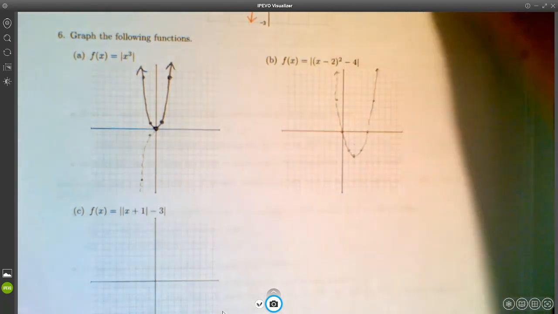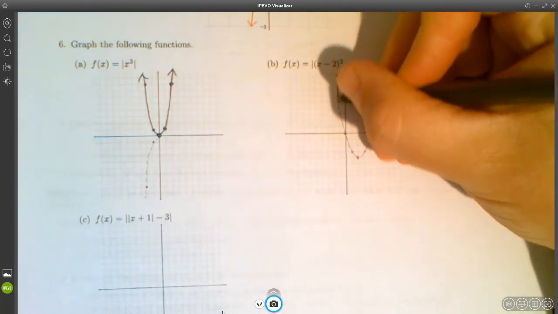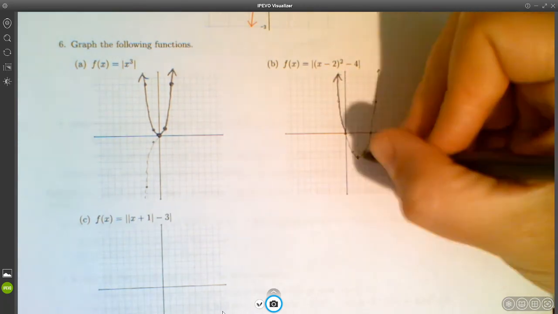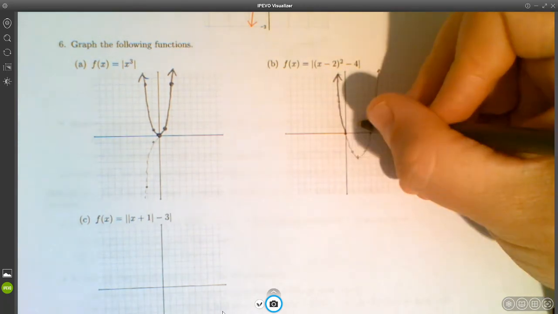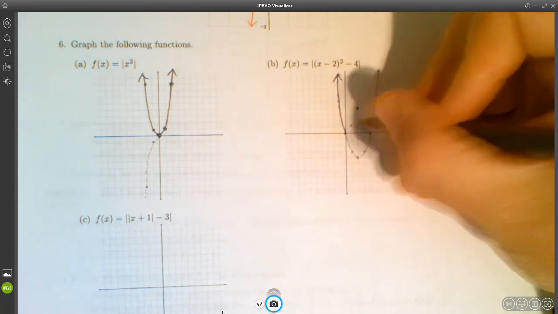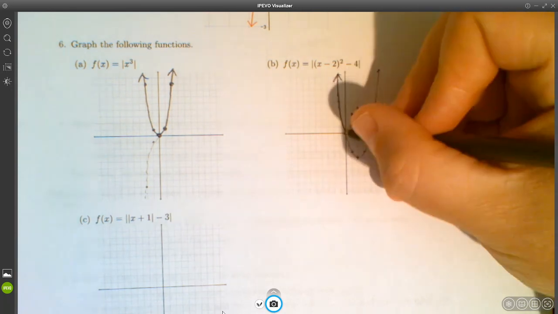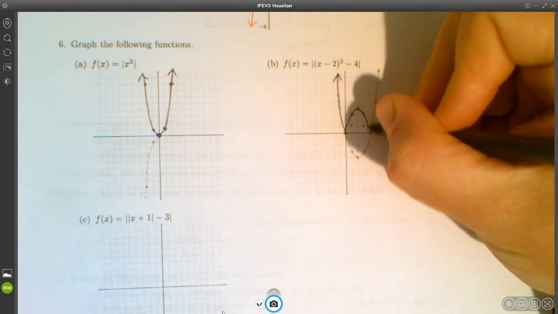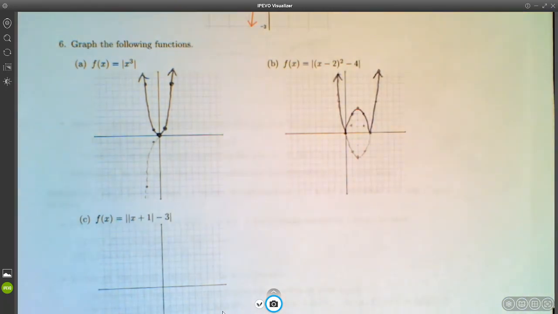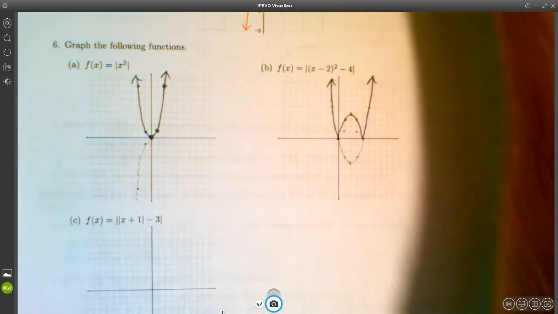But with the absolute values, it's going to look like this. When we get to this point, it's going to bounce back up. Instead of going down to negative 4, it's going to go up to positive 4. So it's going to look like that, kind of like a little W. This is what absolute values do to functions as far as transformations are concerned.